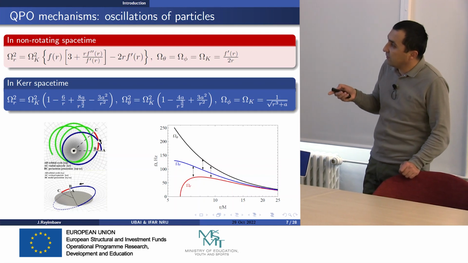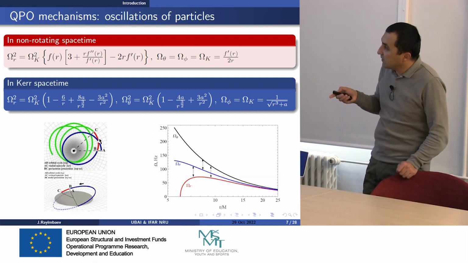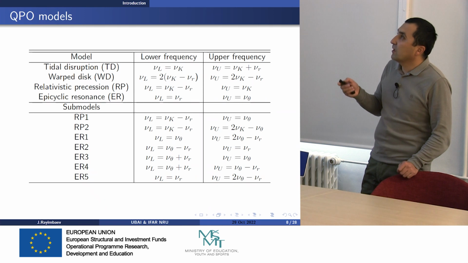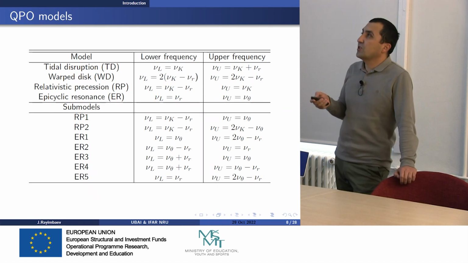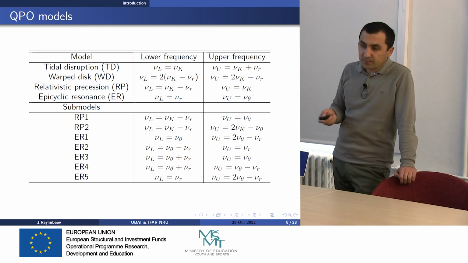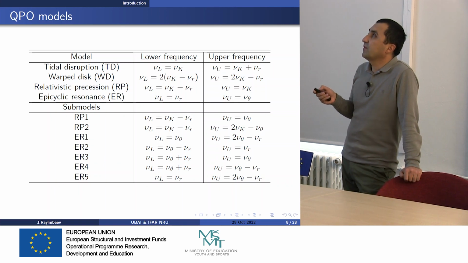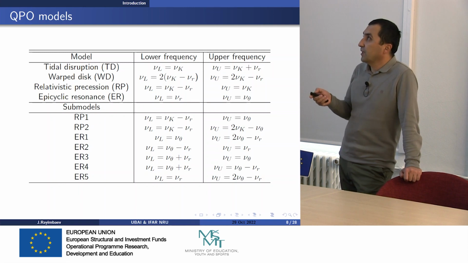Using this difference of frequencies, several quasi-periodic oscillation models have been developed using different combinations of Keplerian, radial and vertical oscillations.